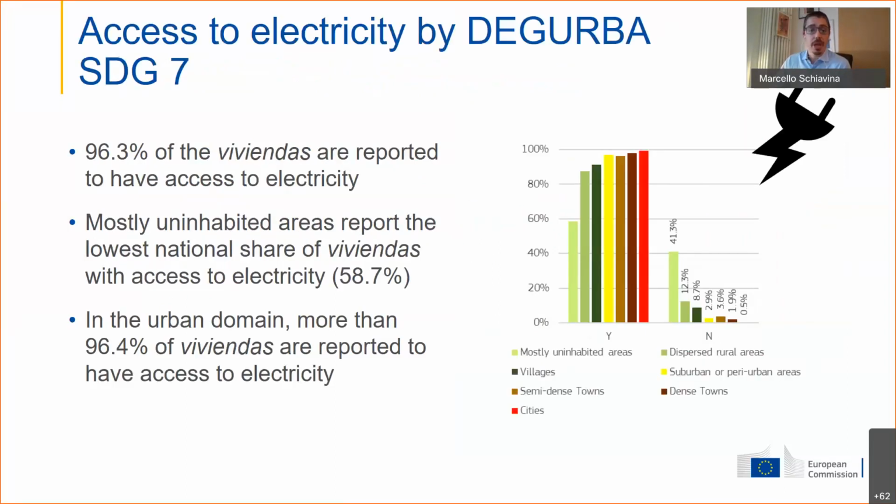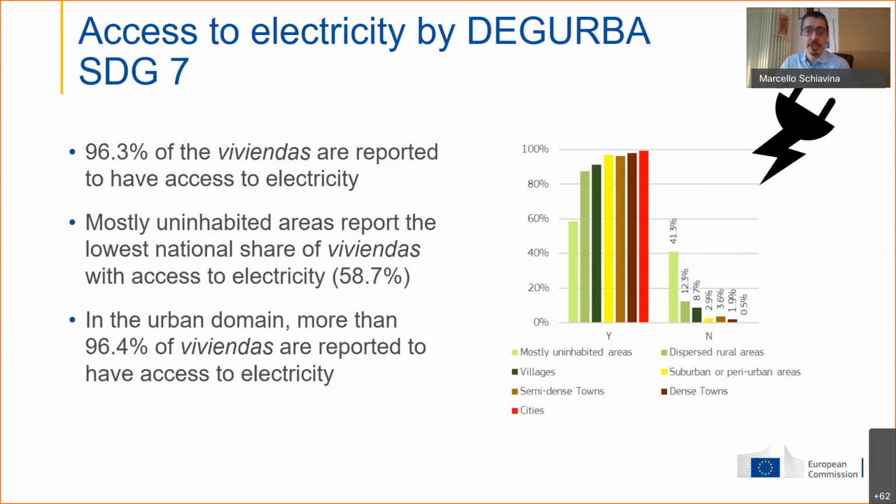In Colombia, we can also look at access to infrastructure and services. From the census, we see that 96.3% of viviendas, so the buildings, are reported to have access to electricity. This statistic is related to SDG 7, affordable and clean energy.